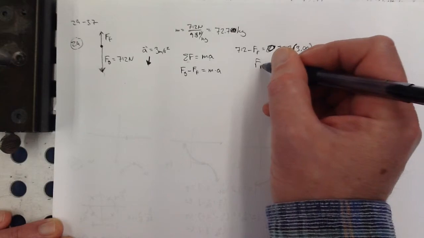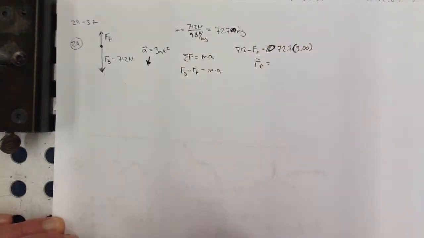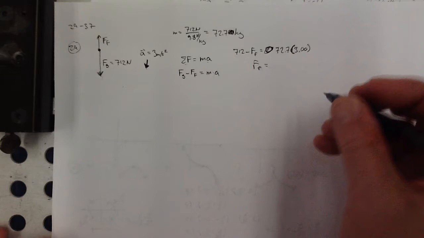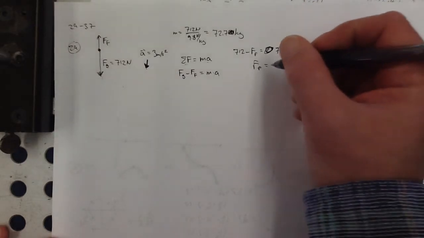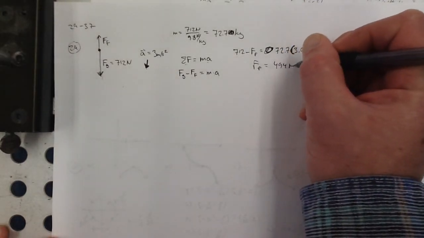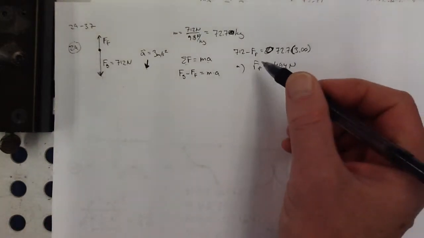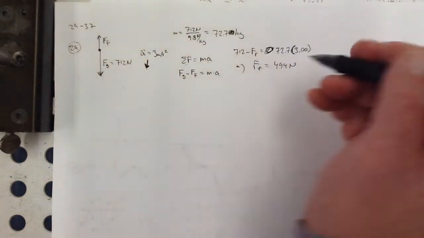So the force of friction, doing some algebra, is 712 minus 72.7 times 3. It's about 494 newtons. I think that's the answer for A. They wanted the magnitude and direction of the vertical force on the firefighter from the pole. So this is going to be up.